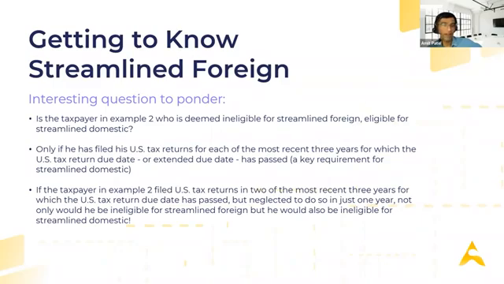Now, can he file under streamlined at all? He cannot file under streamlined foreign because he is unable to fulfill that 330 days requirement, right? And he cannot file under domestic streamlined as well, because the requirement for domestic streamlined is that you must have filed the original return. So you need to be very careful about this residency and non-residency requirement as well.